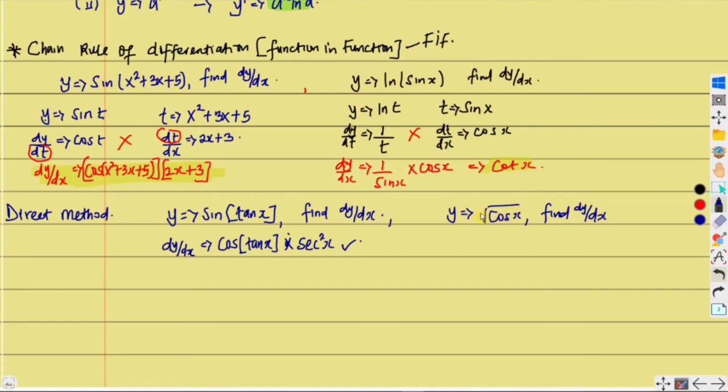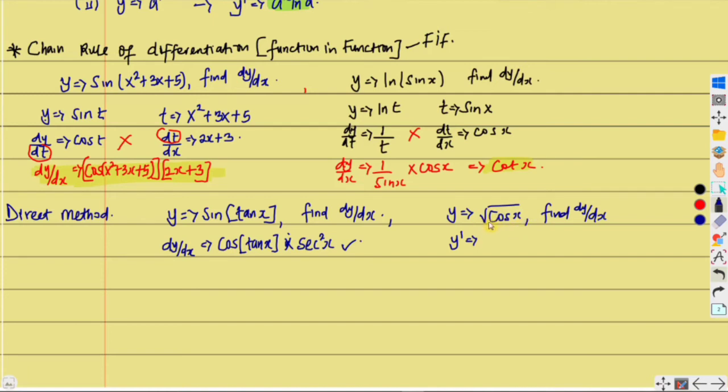Now the inner function here is this, so t will be equal to cos x. I know that the derivative of square root of x is something like 1 all over 2 root x. So if I look for y prime, guys, don't make a mistake. I will let t be equal to the inner function, which is cos x.